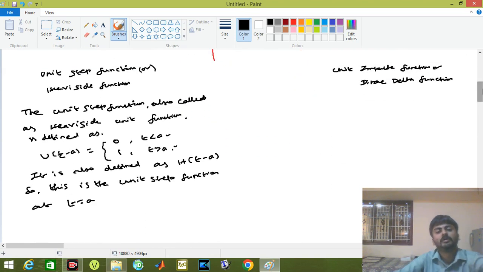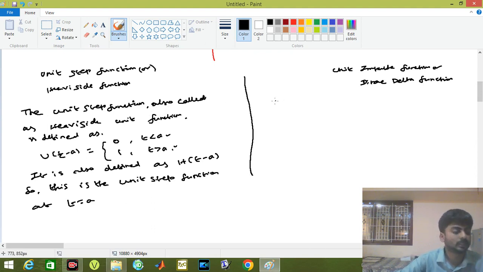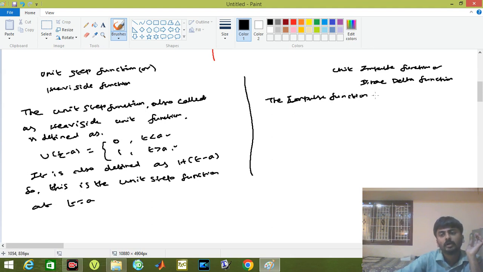Now after the Heaviside function, you are going to define the Dirac delta function. You have to write the definition like this: the Dirac delta function or unit impulse function. Sometimes it is simply called the impulse function. It is happening at only one point.